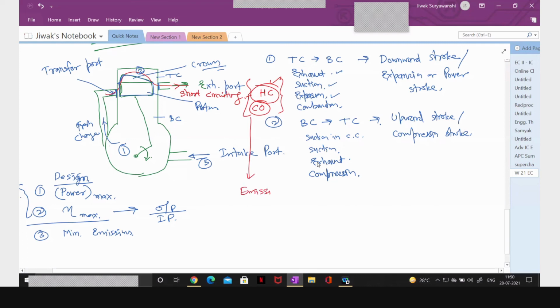Now, which emission norm is applicable in India right now? It is BS6. This is Euro 6 only, but we have modified it as per Indian conditions, and we call it Bharat Stage 6. So this is applicable, and that engine will not meet these emission norms.